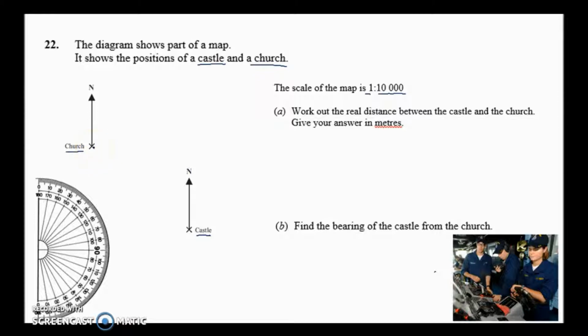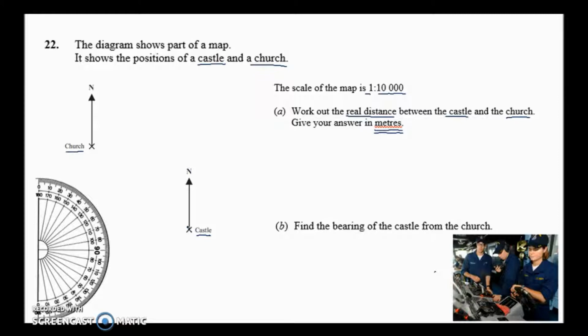So work out the real distance. How far is it between the castle and the church? And just give your answer in meters. You're going to need to measure to have a distance to start off, so you'll need to grab a ruler. I haven't got a ruler on here to show you, so I'm going to guide you through what you would do.